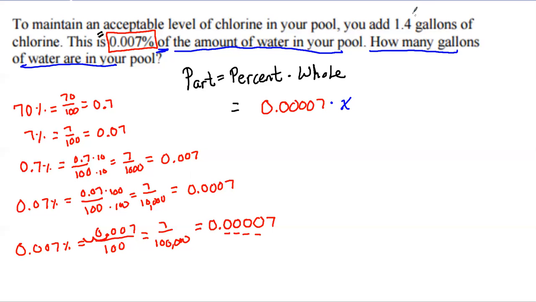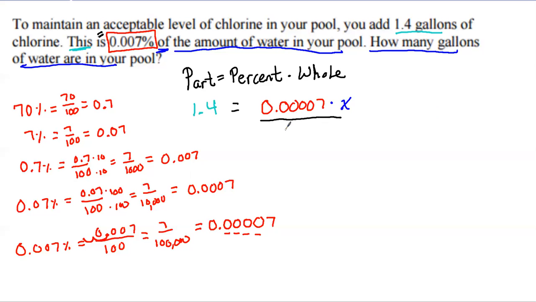This refers back to the 1.4 gallons of chlorine, that is my part. So my part is 1.4. So I have 1.4 equals 0.00007 times x.